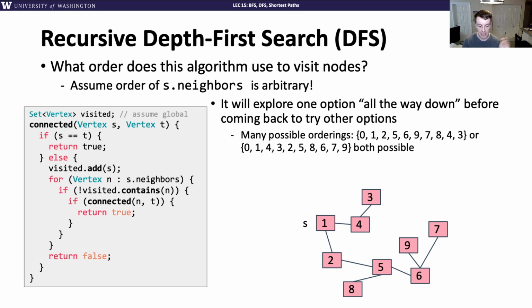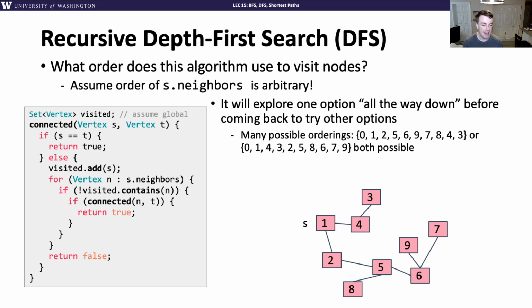We're going to assume that your neighbors return a set in some arbitrary order. But if you think about the flow of the whole graph, there's a very particular way this algorithm, as described, does this. In some sense, when you go to explore your neighbor, you're going to go all the way down that path before coming back to any other option.